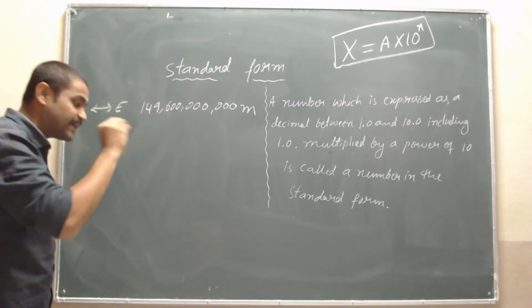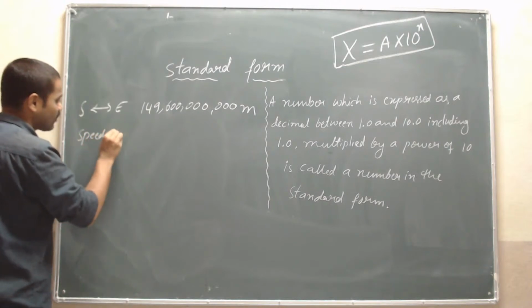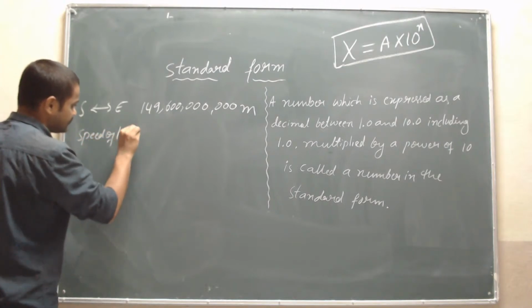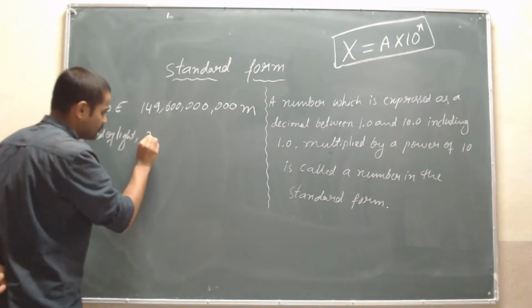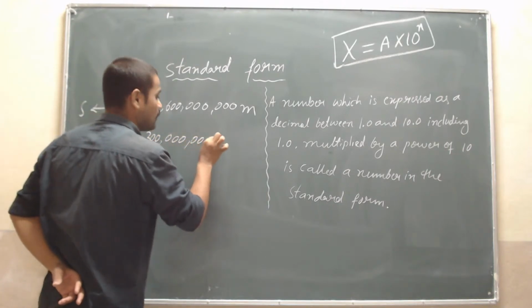And the speed of light, that is 300 or 3 lakh meters per second.